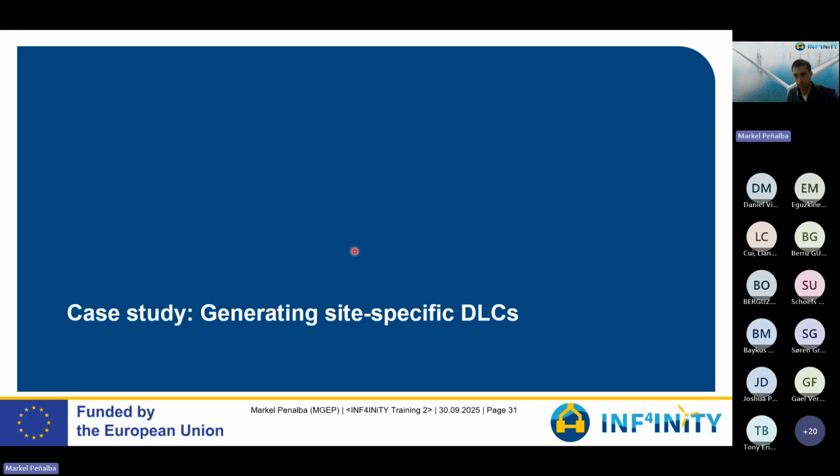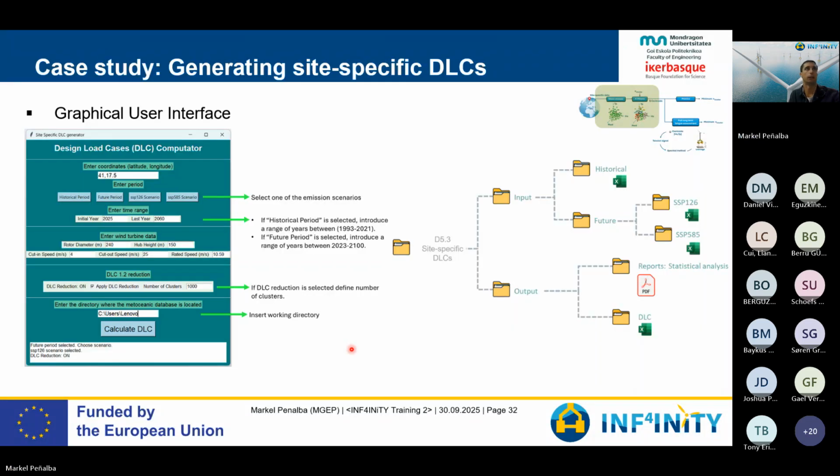So now we can actually go to analyze the examples, and I will switch. I will define now the example that I will be using for the use of the graphical user interface. As I said, this is something we can download from the Leopard repository. You will find something similar to this screenshot here, where you can insert the coordinates.